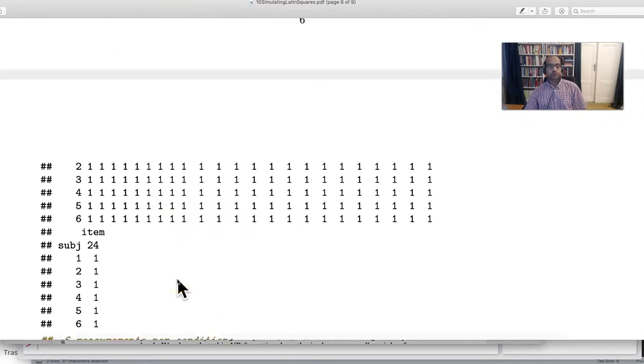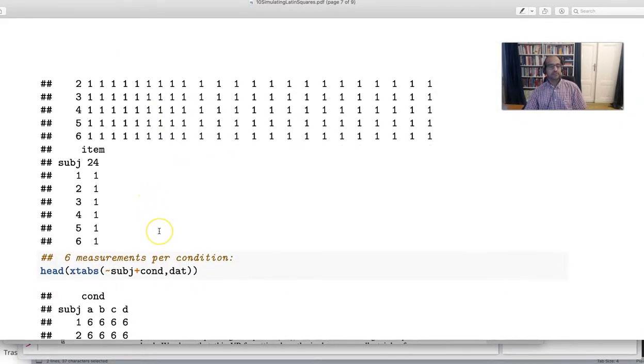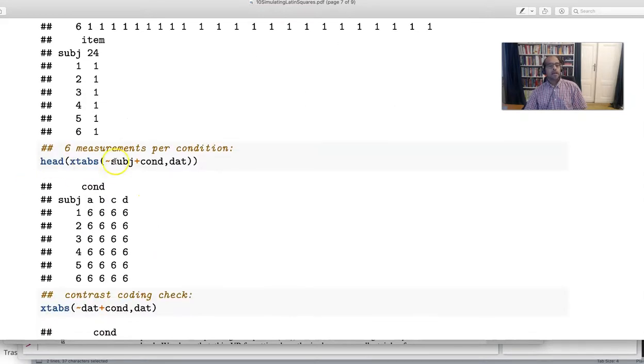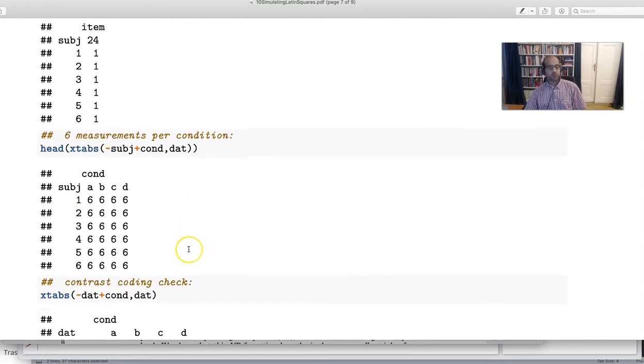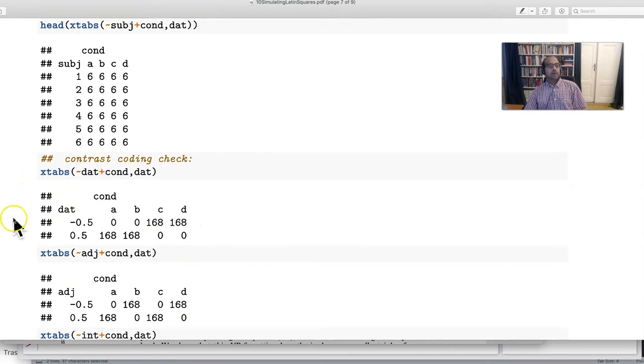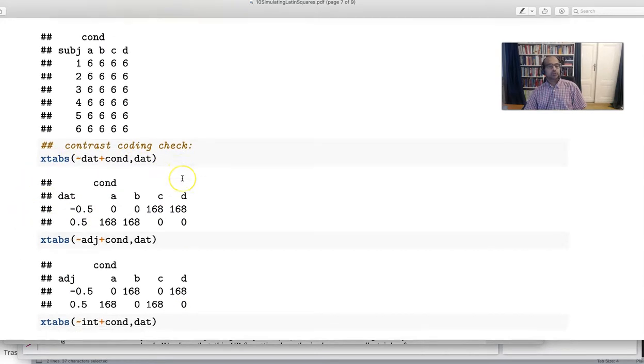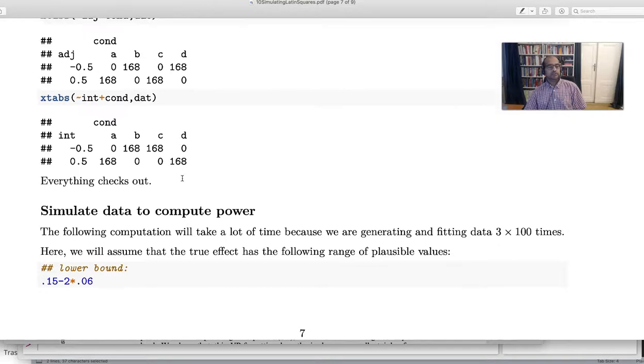And that's true. You can see that here. I also expect that there will be 6 data points per condition for each subject. Why? Because 6 4s are 24, and there are 24 items, so there are 6 per condition. That's true also. Then I'm checking the contrast coding, and this all checks out, so everything's correct.